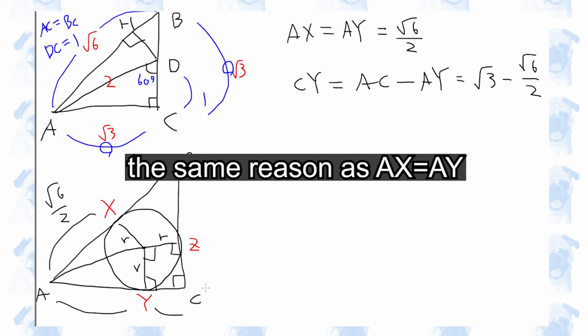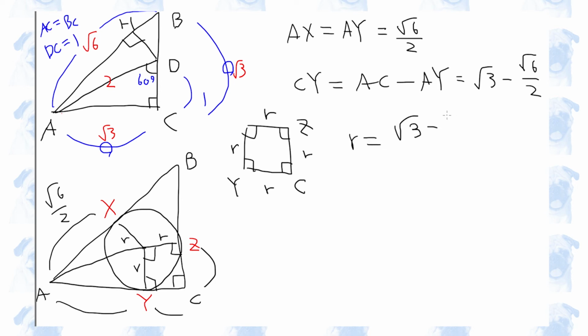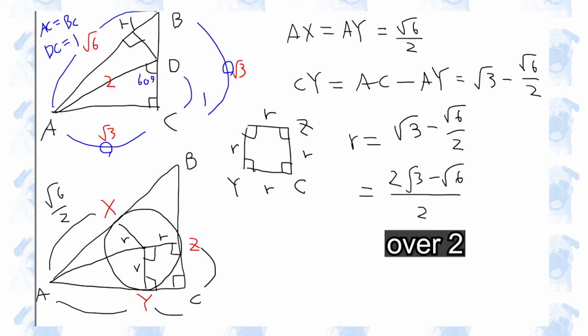And we also know that CY is equal to CZ. Therefore, we are dealing with a square. So CY is the radius R. So the radius R is root 3 minus root 6 over 2, which is 2 root 3 minus root 6.